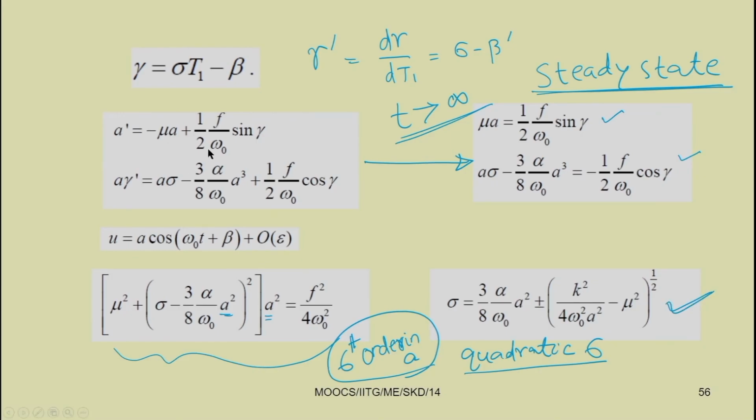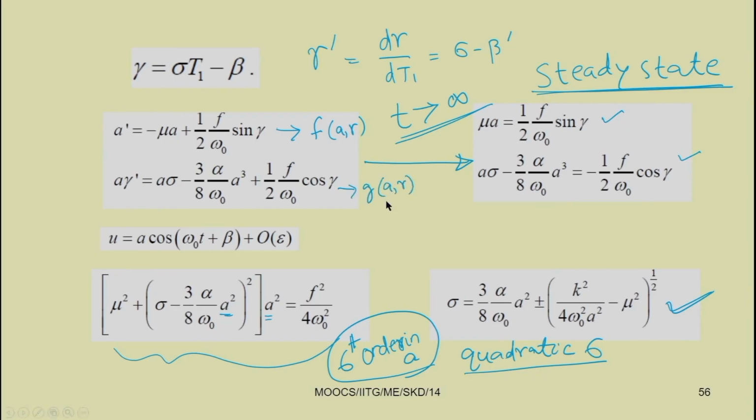Now, we can find the Jacobian from this equation, that is A dash equal to minus mu A plus half f by omega 0 sin gamma, A gamma dash equal to A sigma minus 3 by 8 alpha by omega 0 A cube plus half f by omega 0 cos gamma. So, the right hand side we can write as f of A, gamma, and the second is equal to G of A, gamma.